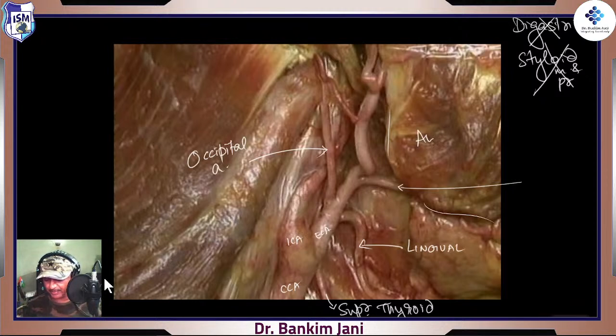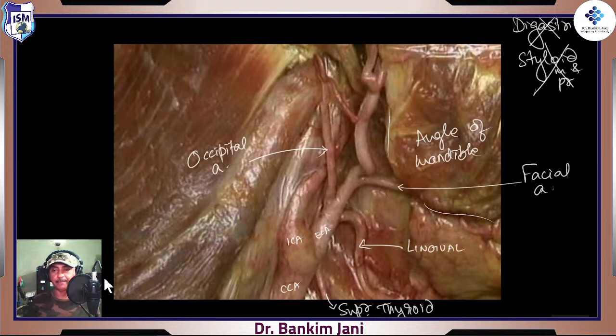And this one will be giving supply to the face, so it is the facial artery. So we now know so much: superior thyroid, lingual, facial, occipital. Still there is some jungle on the top, but it will come.